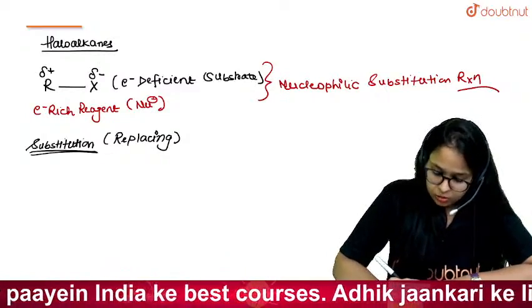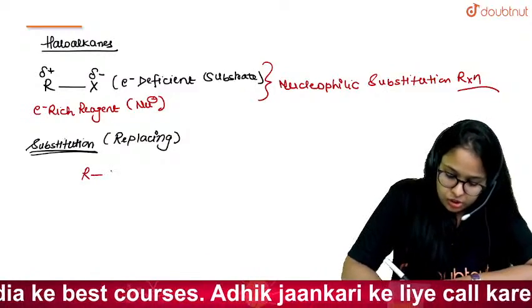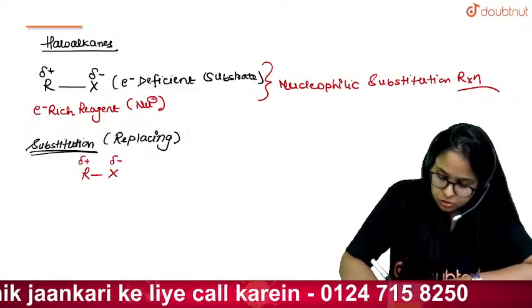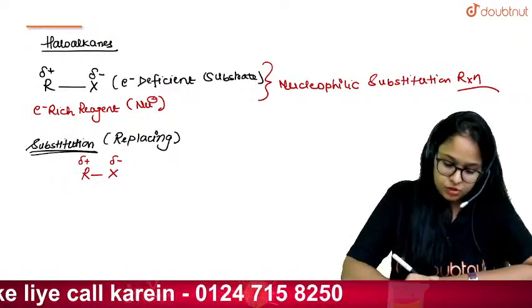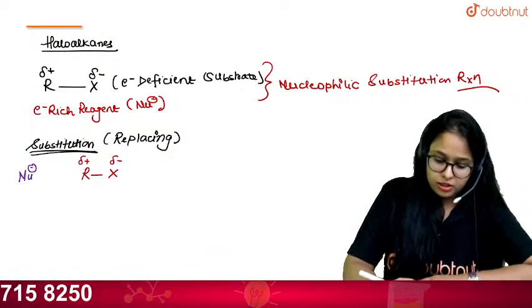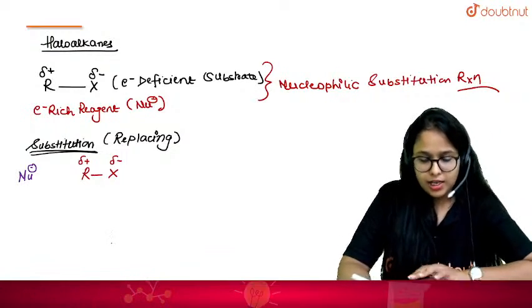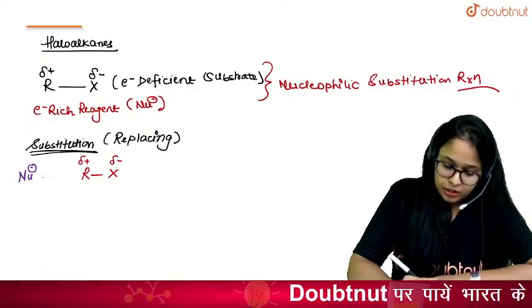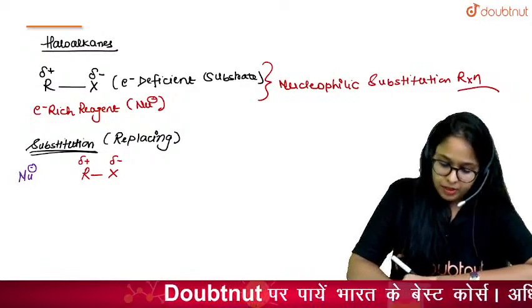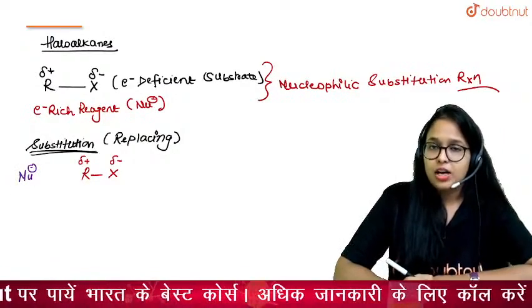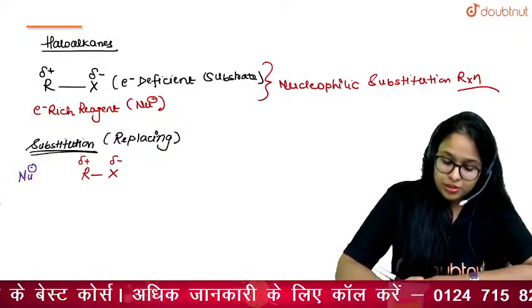Here we have R delta positive and X, which due to electronegativity develops delta negative charge. The reagent should be of opposite nature to the substrate, that is, an electron rich reagent, the nucleophile. Nucleophile has a negative charge, the alkyl part has a positive charge.